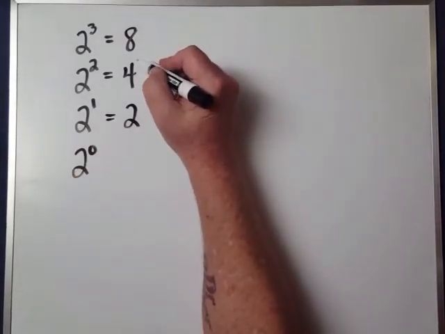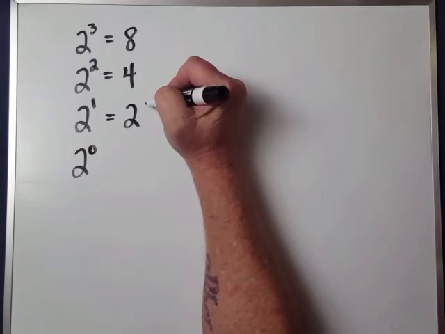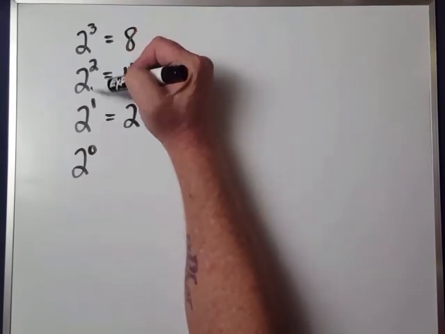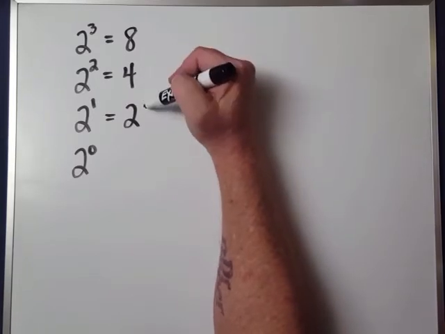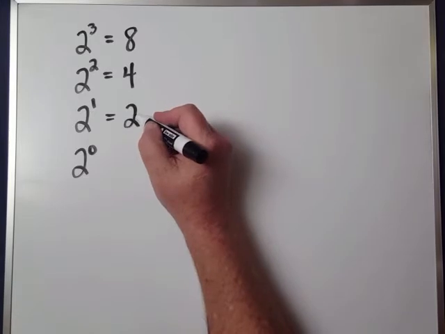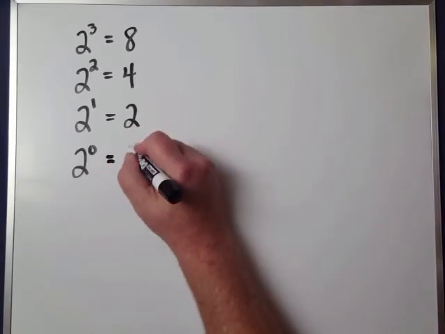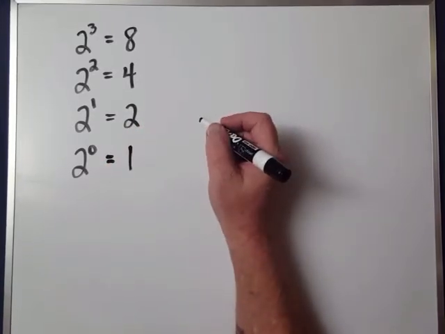What's happening? Each line that I come down, I'm losing a factor of 2. So what happens to my answers? They get cut in half. Makes sense? Well, cut this answer in half. And that would imply that 2 raised to the 0 power is 1.